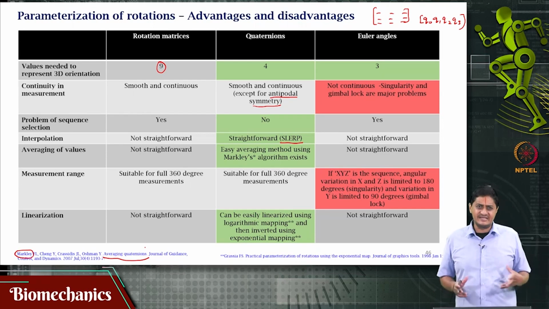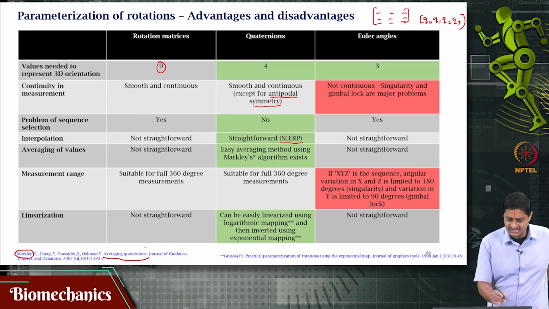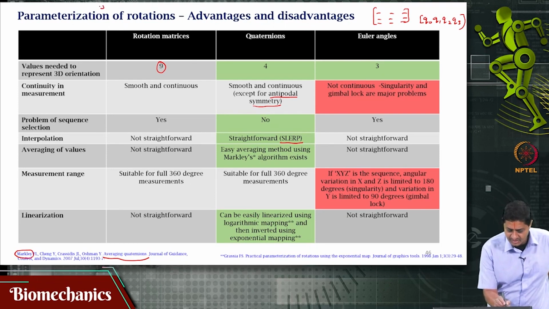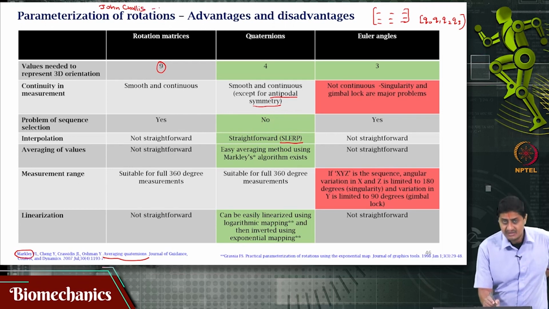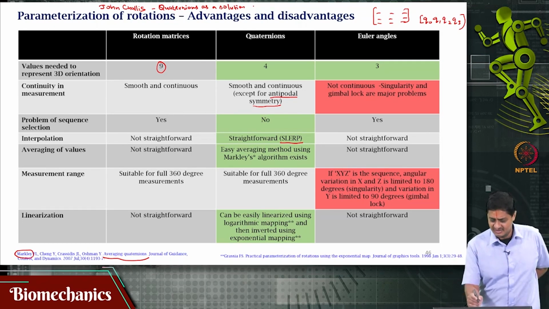For more details on this method, refer to a paper by John Challis. The title of the paper is something like Quaternions as a Solution to the Problems of Kinematics, Human Measurement, or something like that. It's a long title, so I'm not able to remember.